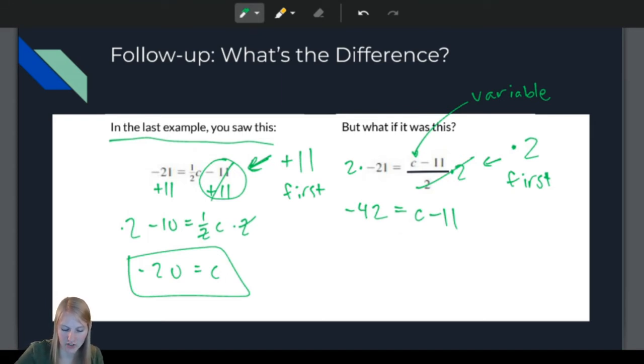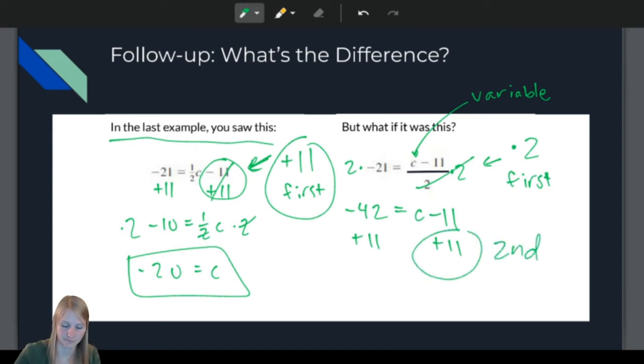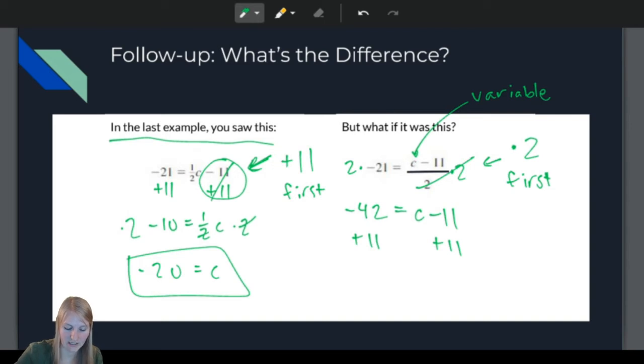So now, c minus 11, what's the opposite of minus 11? Plus 11. So see, here we added 11 first, here we're adding 11 second. So we're still adding 11, just not the first thing that we're doing. So now these go away, and I have negative 42 plus 11 equals negative 31 equals c.